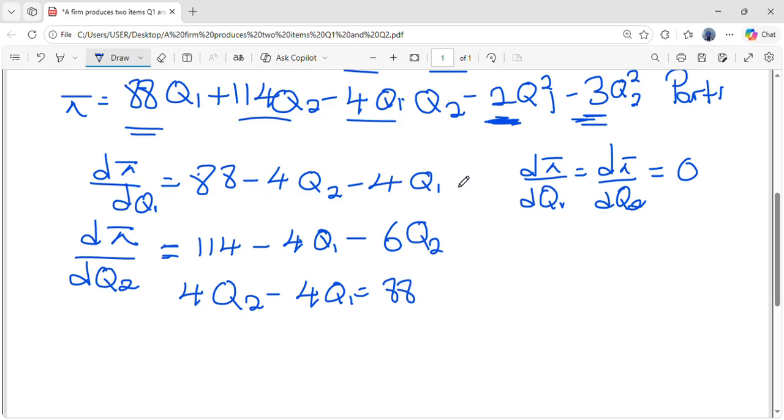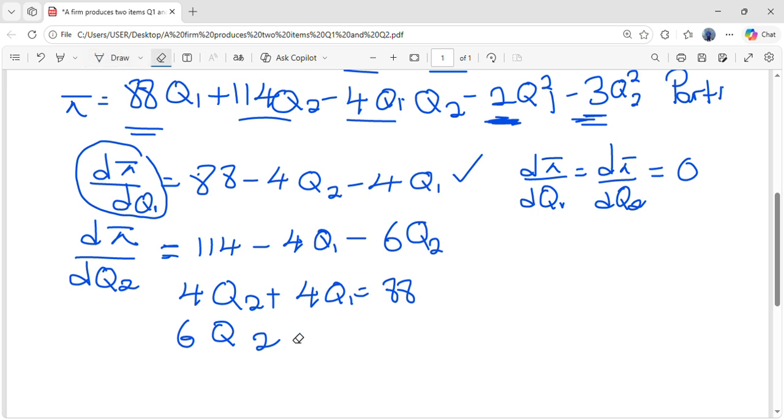When you rearrange this in mathematical order, you put a 0 here, and these others will go to the other side, and 88 will remain. Also here you put a 0, and you will have 6q2 plus, also here it's a plus, sorry, we didn't see that. Remember, all these are crossing to the other side. When negative 4q2 crosses, it becomes a positive, which is here, and when negative 4q1 crosses, it becomes a positive as well, which is here.